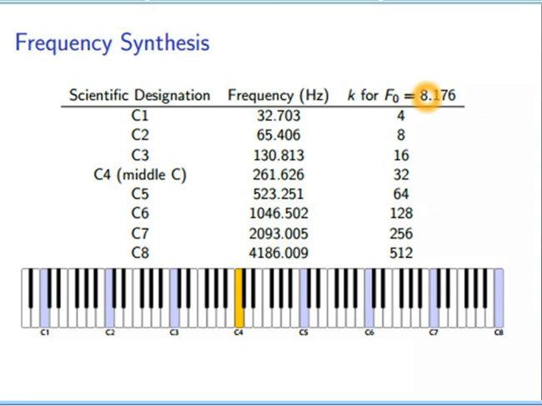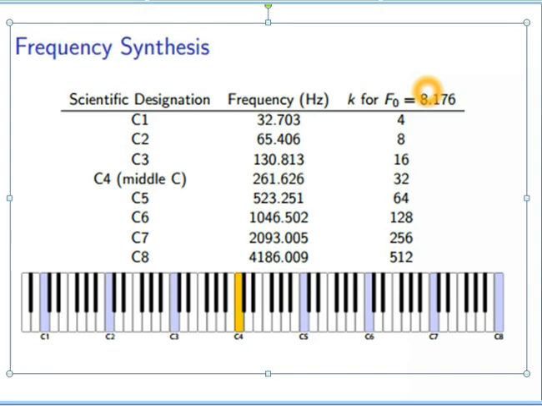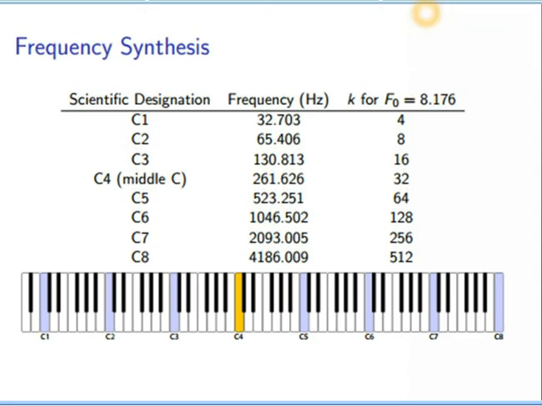If you play a violin-like sound on a piano, or sounds like a guitar, we set a fundamental frequency of that music, and C1, C2, C3, C4 are all harmonics.